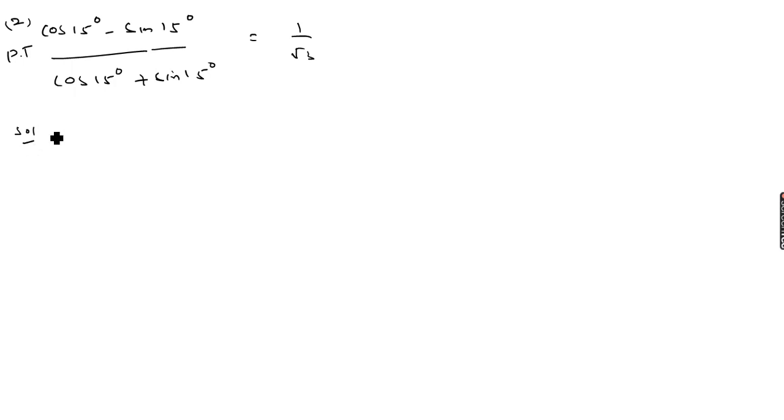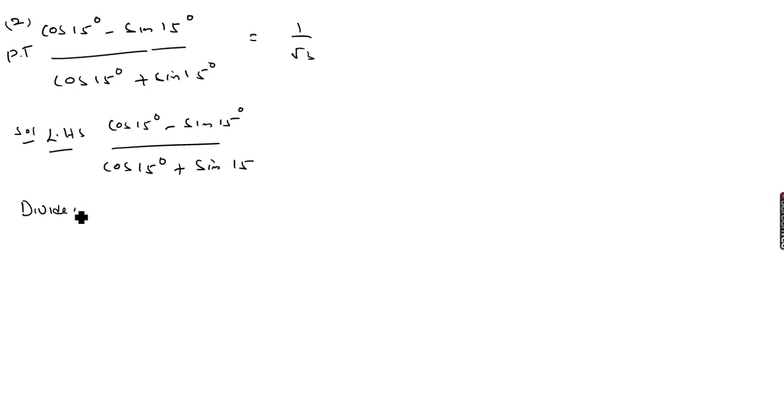So here the solution is, take the LHS, that is cos 15 degrees minus sin 15 degrees by cos 15 degrees plus sin 15 degrees. So first divide by cos 15 degrees, both numerator and denominator.